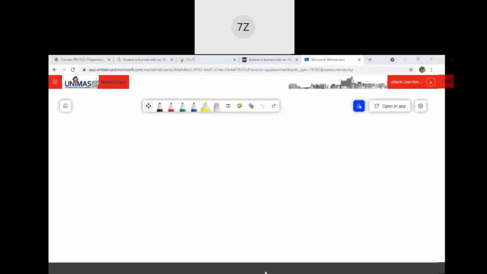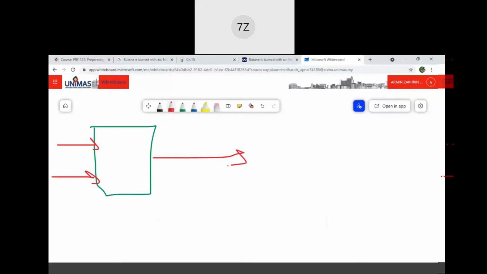Okay, my next question is about this 20% excess air and 90% conversion of butane. What is the meaning of 90% conversion of butane? If you see from the flow diagram, this is the 100 mole of C4H10, and this is the percentage of the excess air.